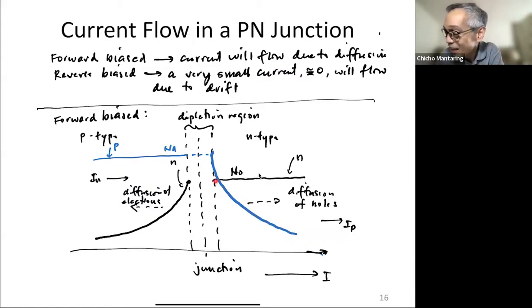Yung electron mo pagdating dito, all of a sudden it just appears on the other side. Parang hindi siya namamalagi dito sa depletion region. For all intents and purposes, you can consider this to be like dimensionless. So parang biglang nandun na siya sa kabila, no? That's how you can imagine it.